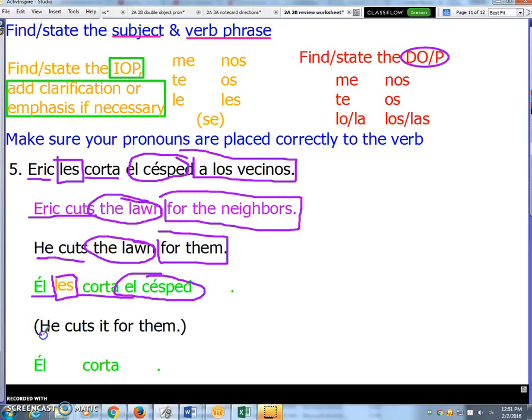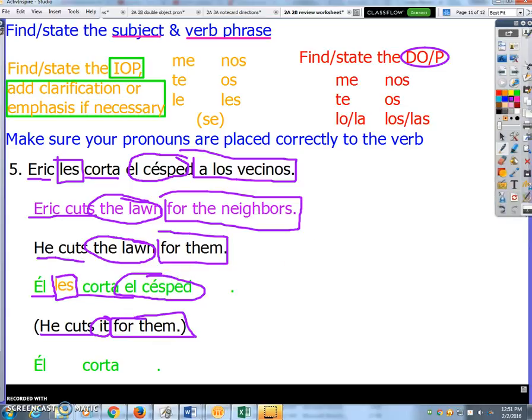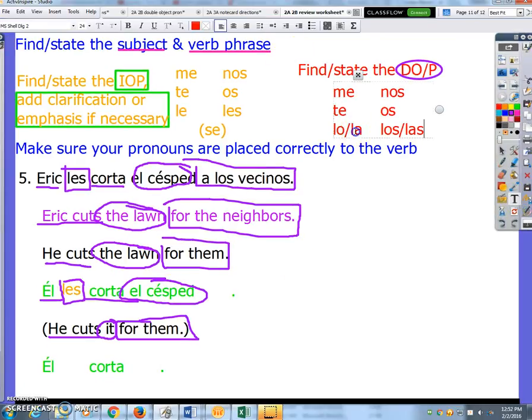And now I'm taking out el césped, and I need to ask myself, what pronoun would I want to replace el césped with? Well, if you said lo, that would be correct because, can I highlight it? Here we go. It's singular and masculine. I'm going to put it before the conjugated verb, but I'm still saying it's happening to or for them, so I still need an IOP, but as you know, I can't lace lo.